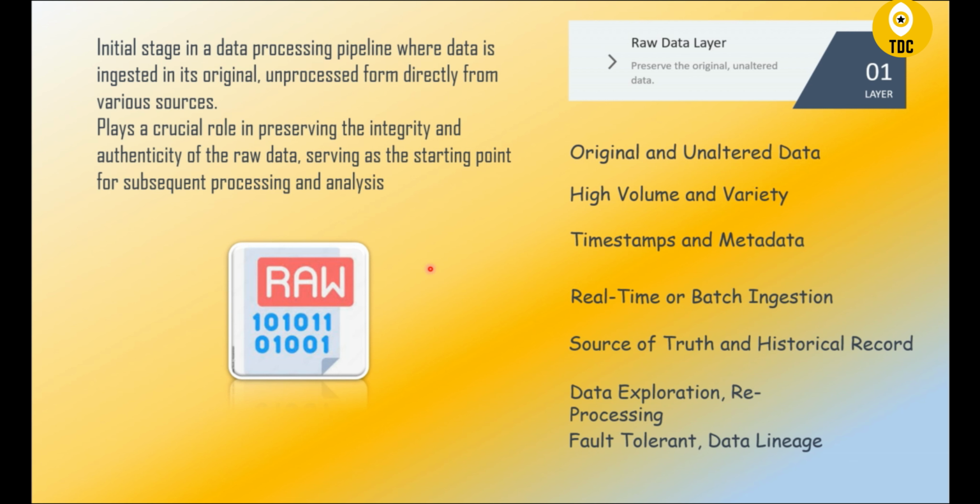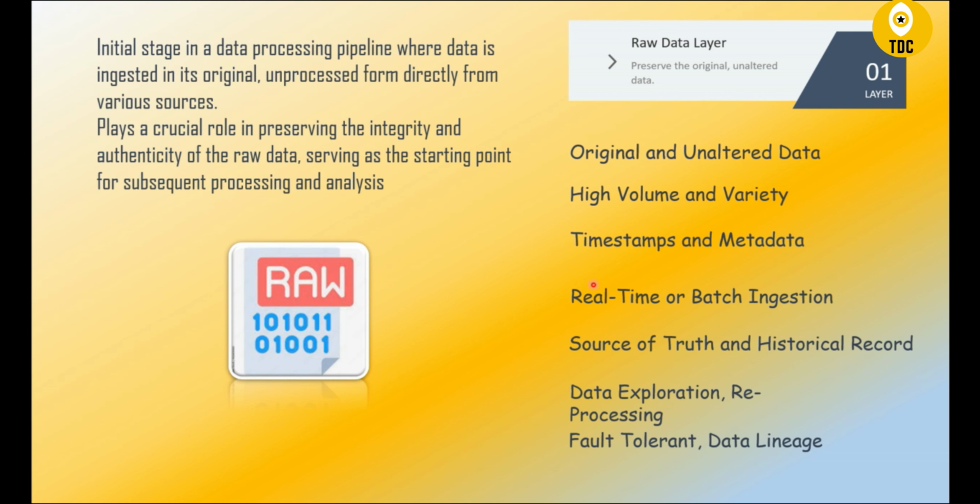Usually this data is in the original, unaltered format, because you're just dumping the data as is. Since you are not doing any column-level or row-level filter here, this data has high volume and also high variety. It can include structured, unstructured, and semi-structured data as well.